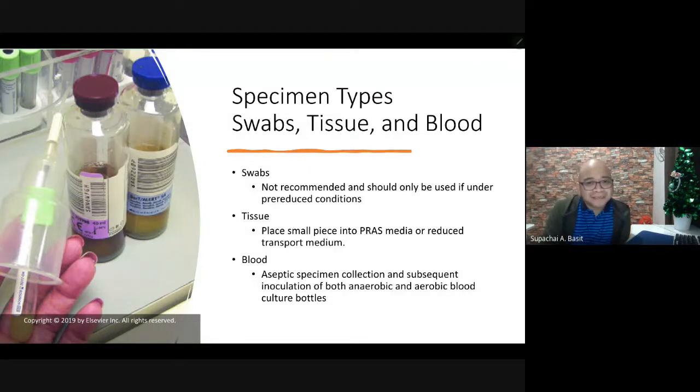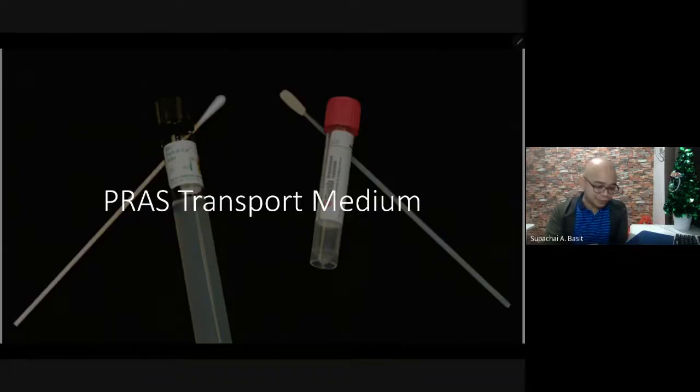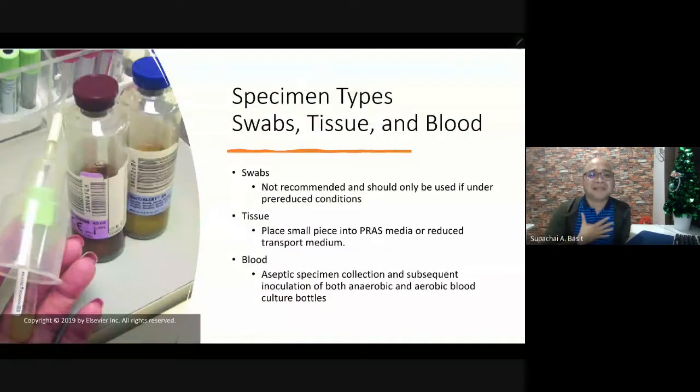So swabs are not recommended and should only be used under pre-reduced conditions. Yung tissue, kailangan malagay agad sa PRAS medium or reduced transport medium katulad nito. And if it's blood, aseptic collection and subsequent inoculation in both anaerobic and aerobic blood culture bottles. So ito yung example ng anaerobic collection. So pagka-collect mo, ilalagay agad dito sa culture bottle. Tapos ito yung ilalagay sa incubator.